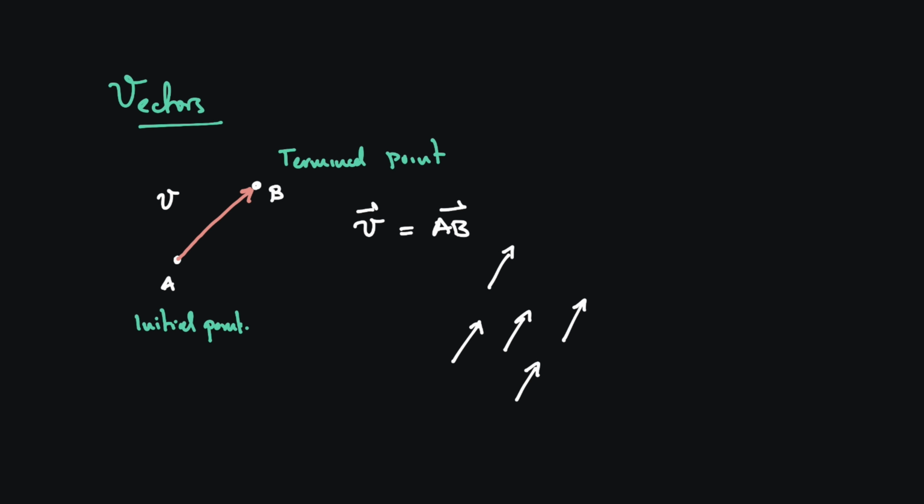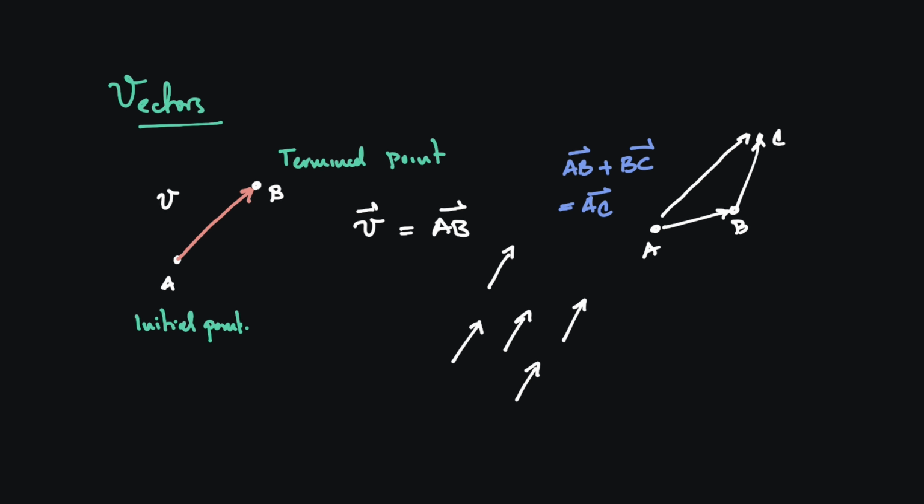Also, if one vector, let's call it vector AB here, is followed by another vector BC, there is a resultant vector between these two, that's the vector AC. Okay, so in other words, vector AB added to vector BC is equal to this new vector AC.